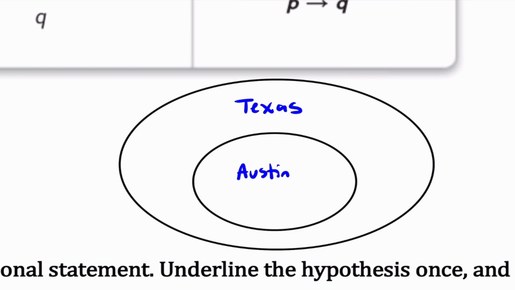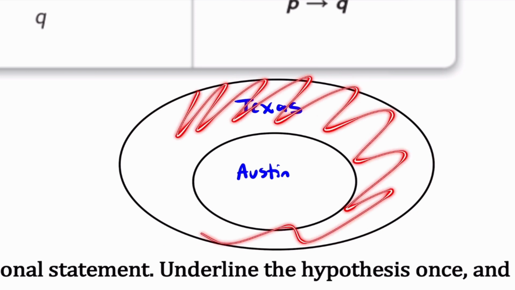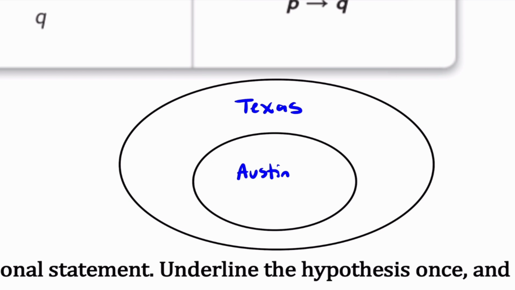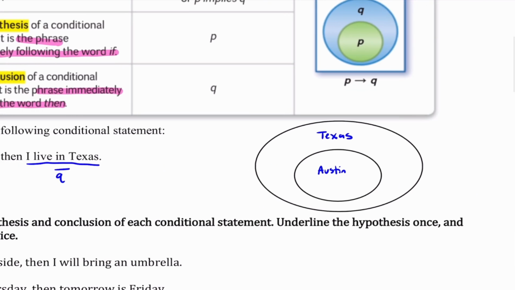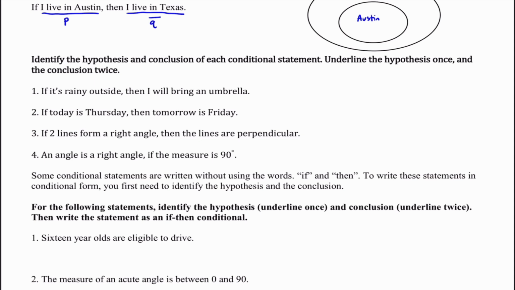So we can relate this model to a real-life situation where we have the state of Texas, which contains all the cities. So this is going to have Austin, or you can put Dallas, or you could put San Antonio, etc., etc.